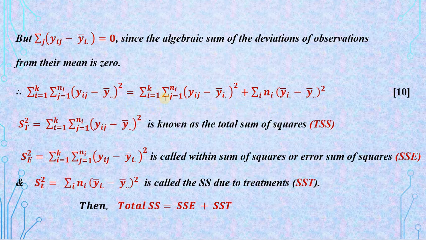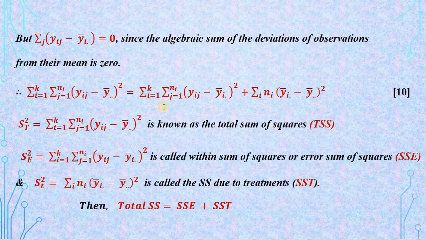That is summation i from 1 to k, summation j from 1 to ni, yij minus yi dot bar whole square, plus summation i ni yi dot bar minus y double dot bar whole square. In this expression, the first term on the left hand side is denoted as capital S T square, the total sum of squares, TSS.